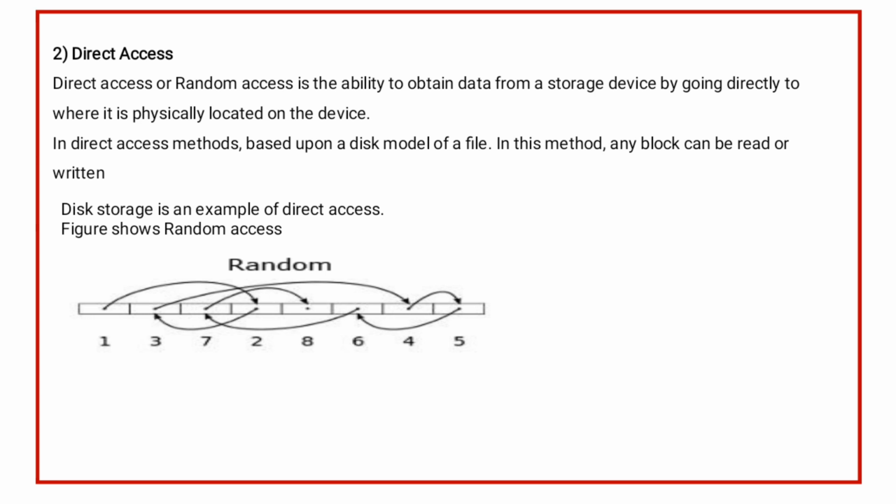A direct access storage device has the electrical or electromechanical means to be immediately positioned for reading and writing at any addressable location on the device. Disk storage is the best example of direct access, and this figure shows a random access.